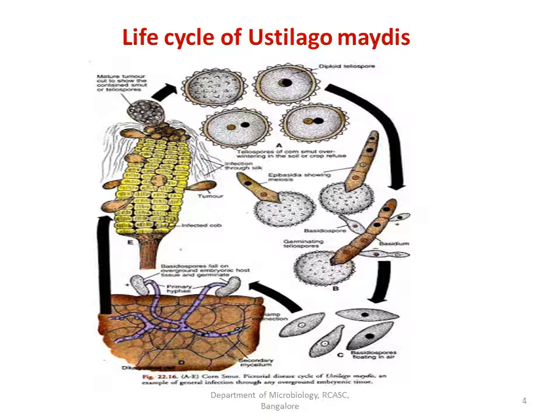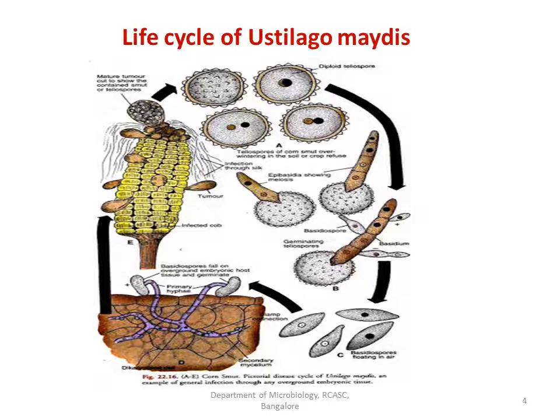Some mycologists also call them sporidia. The sporidia, once formed, are the ones which cause primary infection of the corn plant.